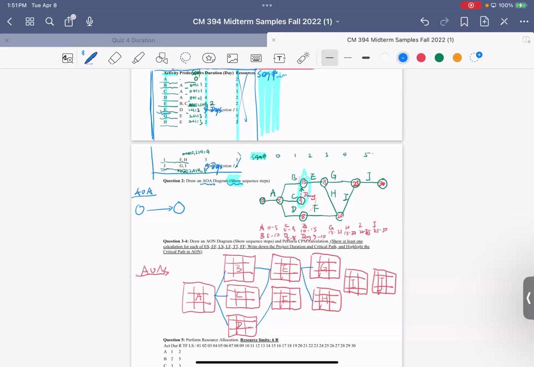Where? We use these numbers for this one? Uh-huh. Yeah.